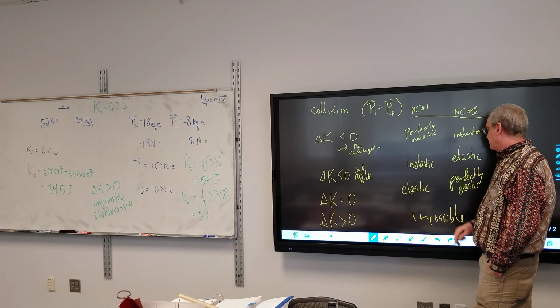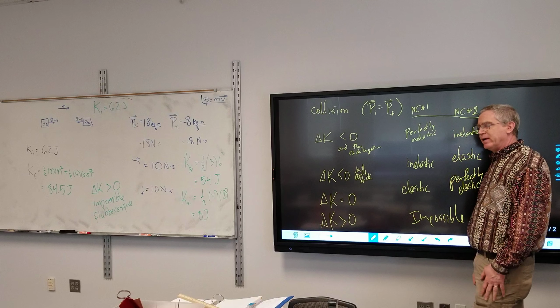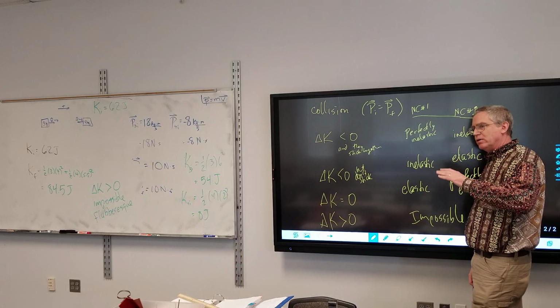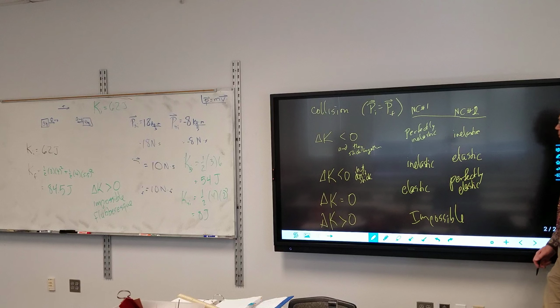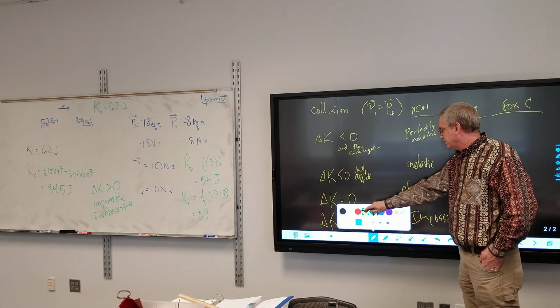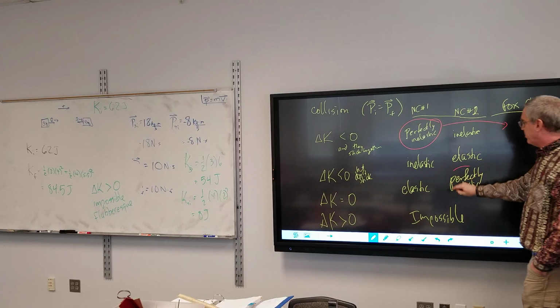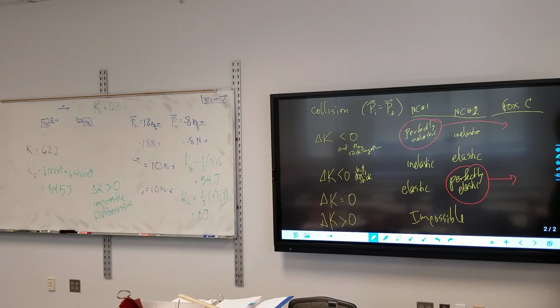Now, for whatever reason, it's like the names of clouds. I can learn it in the short term, but long term it doesn't hold. So, Fox convention, because I think it avoids the overall confusion: perfectly inelastic and perfectly elastic. So if they stick together, perfectly inelastic.